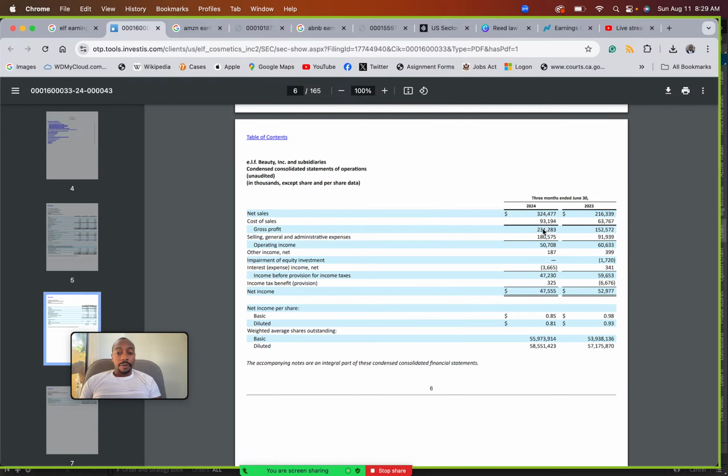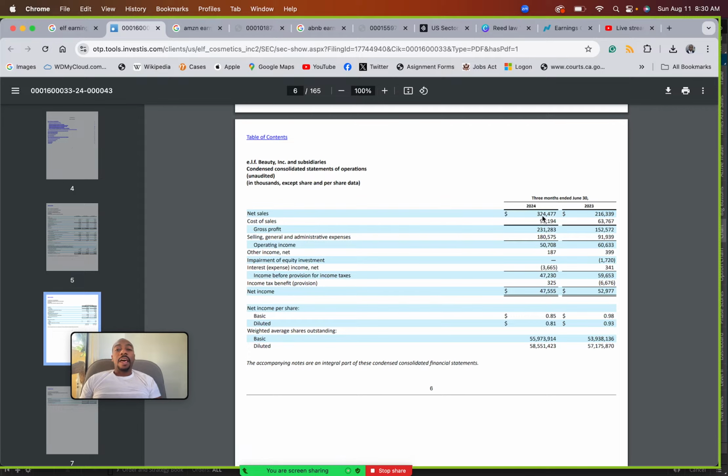The gross profit went up. The one thing is the operating income, because it looks like they spent a lot more either on marketing or paying employees. So this number went up, but I like the growth in sales, going from 216 million to 324 million.